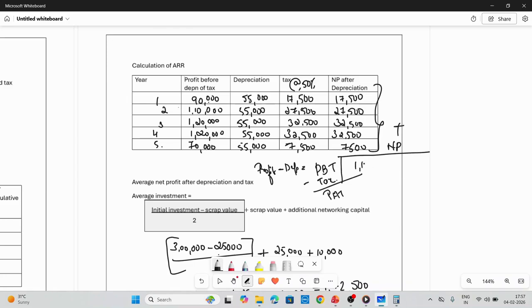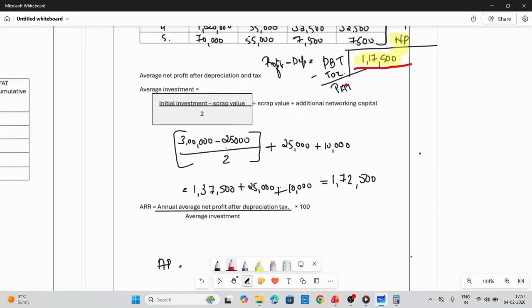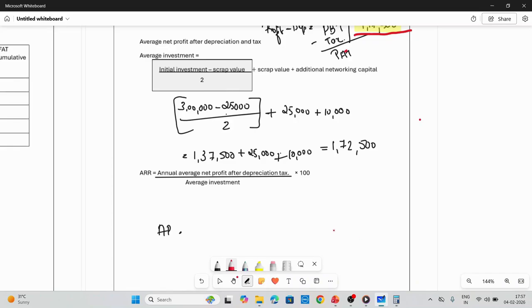It's 1,17,500. This is net profit. Average profit is equal to 1,17,500 divided by 5 equals 23,500.